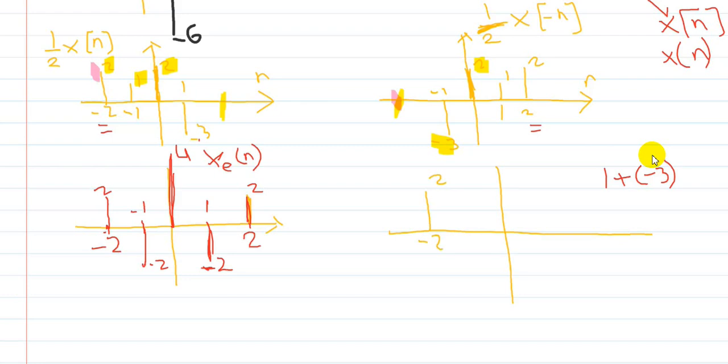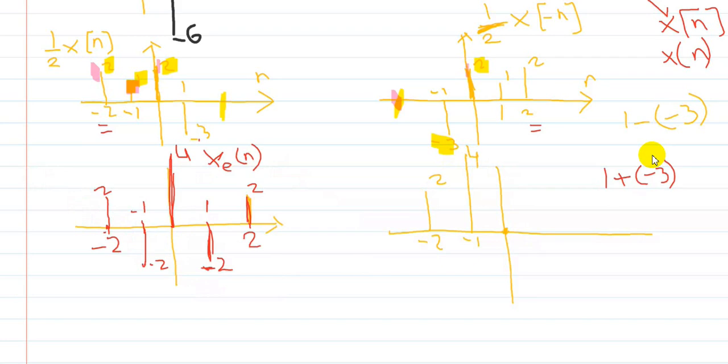Now at minus 1, this is 1 minus minus 3, which will be equal to 4. So I'm going to have 4 at minus 1 here. Next, at 0, this is 2, so 2 minus 2 is going to give me 0. So I'm going to have no sample at 0 here.